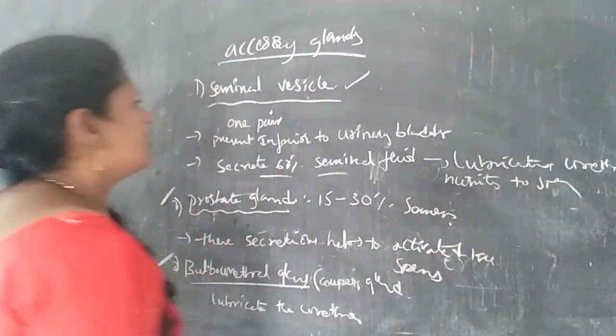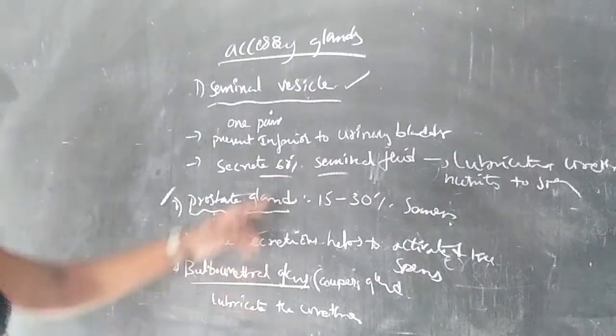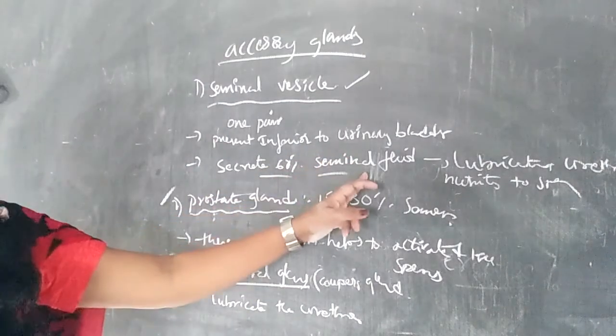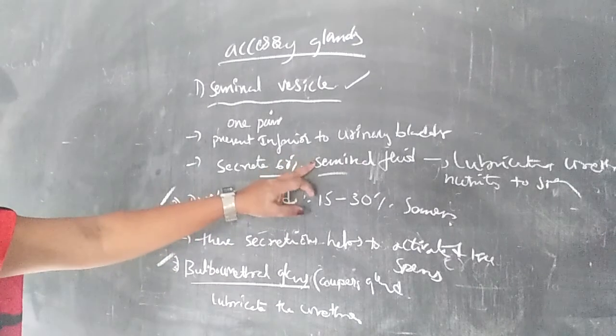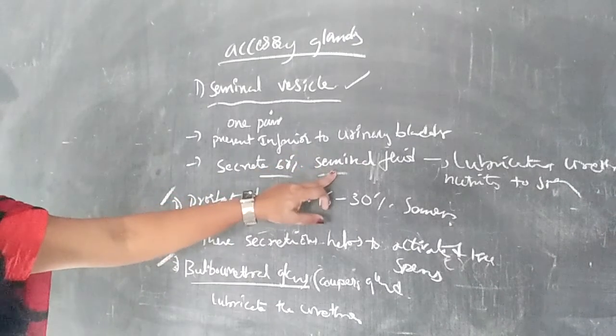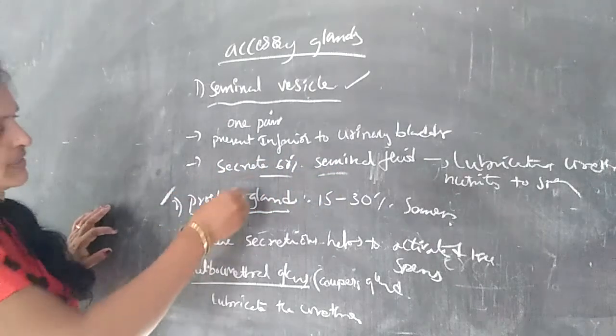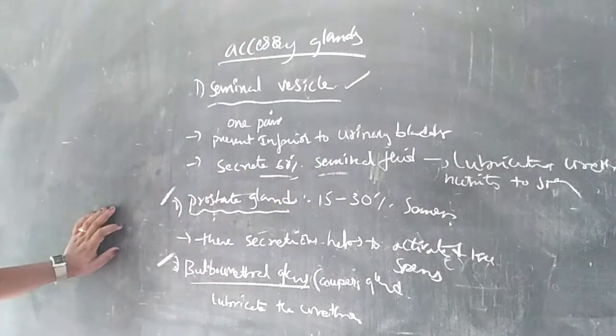So the seminal vesicles are present below the urinary bladder and secrete 60% of the seminal fluid. It is alkaline in nature and contains citric acid, proteins, and fructose. So a number of viscous substances are present in the seminal fluid.